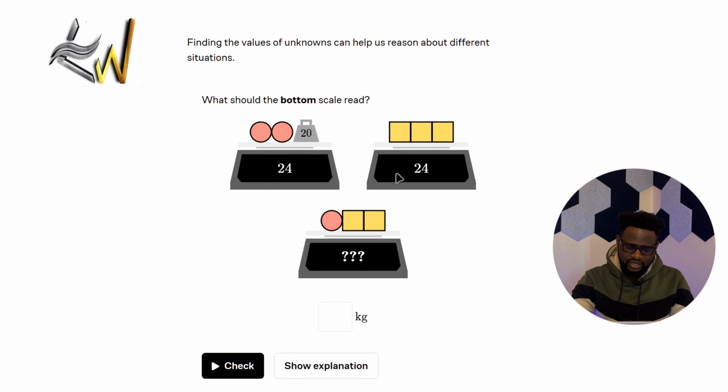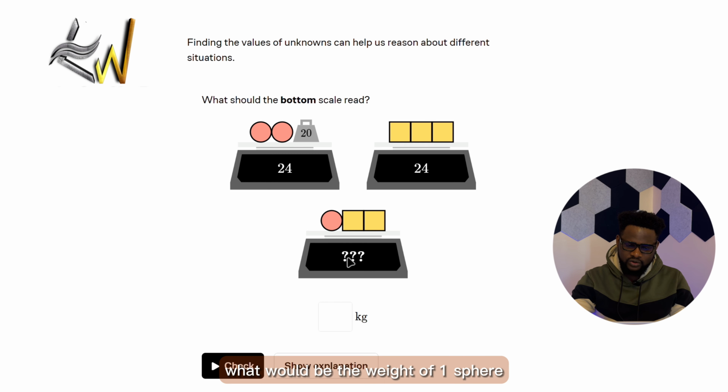Now, what will be the weight of 1 sphere or circle and 2 squares? If 1 square is 8 kg, 2 of them will be 16. So 16 plus 2 will give me 18. So 18 is the answer.